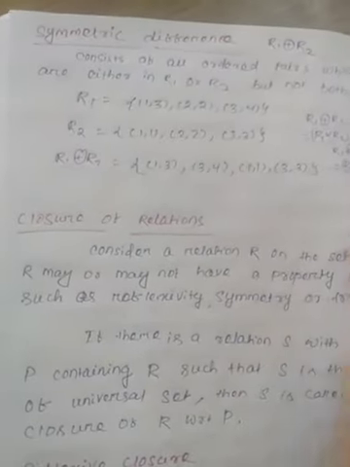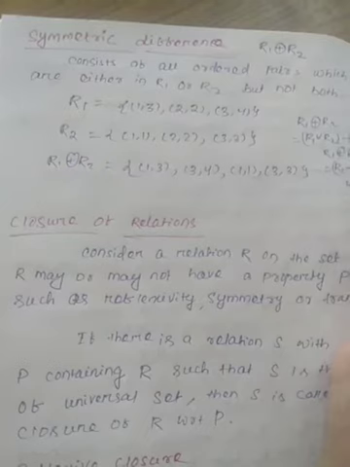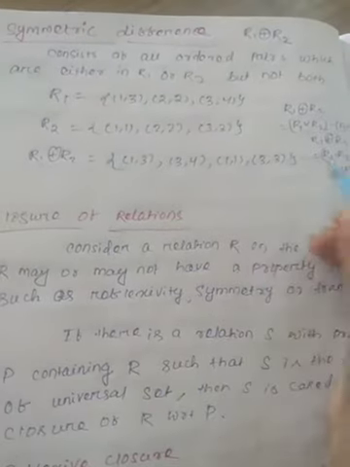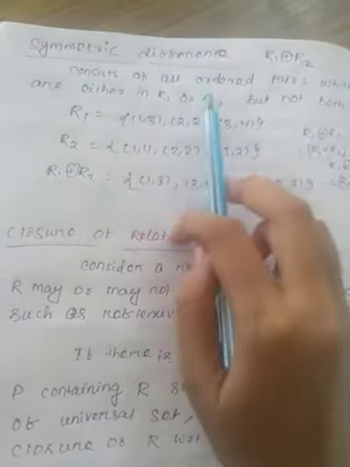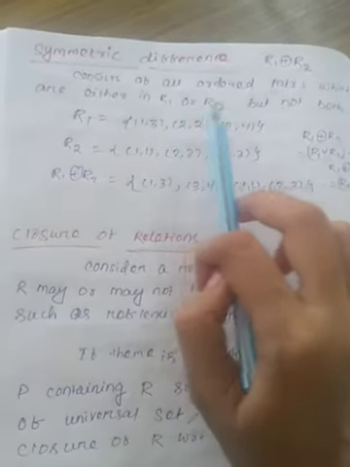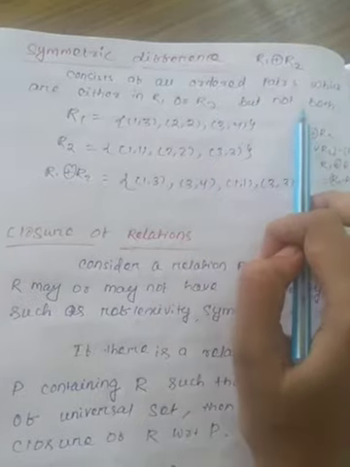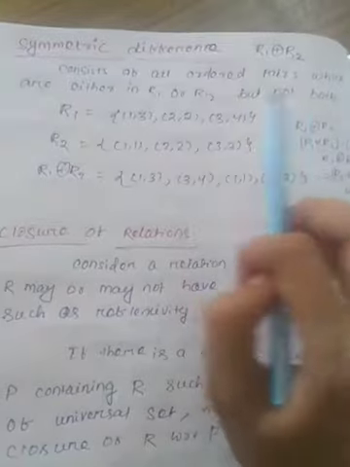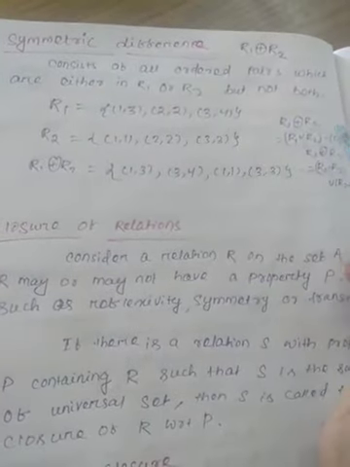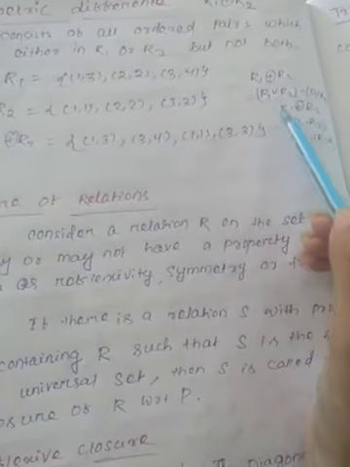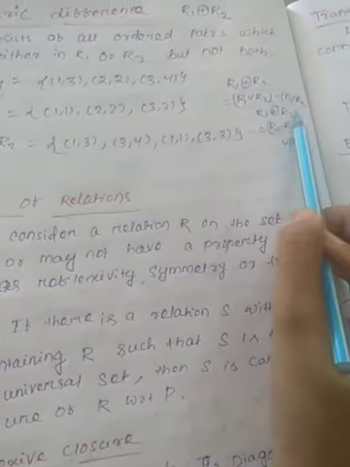Then come to symmetric difference. What is symmetric difference in the case of sets? It is the difference of union and intersection. It means it consists of all the elements which are either in R1 or R2, in either of them, but if an element is in both, the intersection part, we will ignore it. So what is the basic definition? It is the difference of union and intersection.